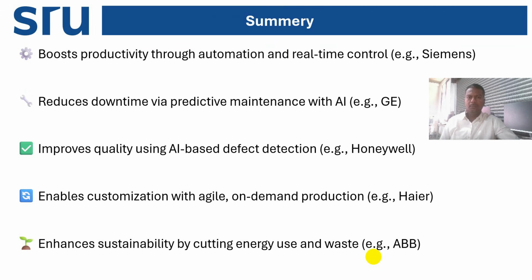Summary of the importance of smart manufacturing: it boosts productivity through automation and real-time control. This is proved by Siemens, which reduced downtime via predictive maintenance with AI. Some other companies also improve quality using AI-based detection systems, as proved by Honeywell, and enable customization with agile manufacturing and on-demand production.